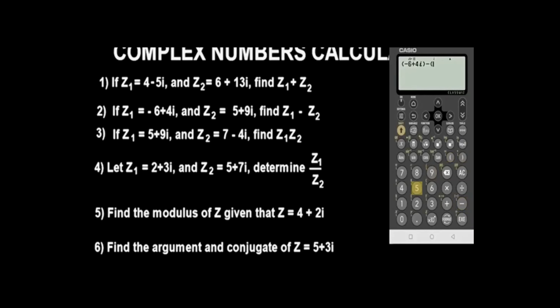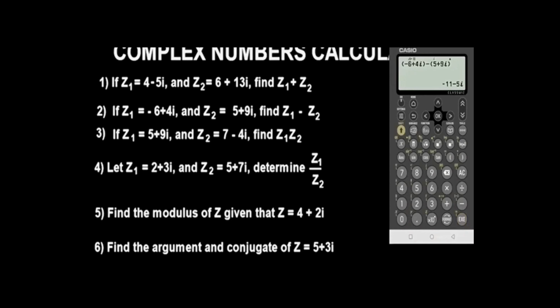We have 5 plus 9i, shift and this button, close the bracket. So that's it, guys. We are good to go. So now let's press execute to get the output. Minus 11 minus 5i. So that's it.